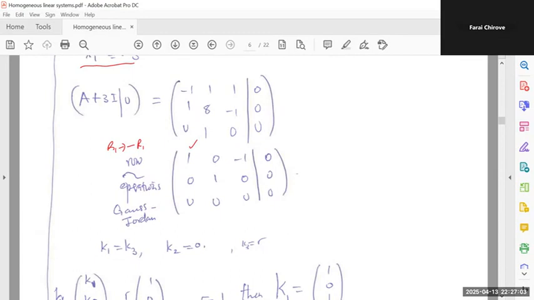And I think row 2 interchanges with row 3, and then this new row 3 is then row 3 minus row 1.